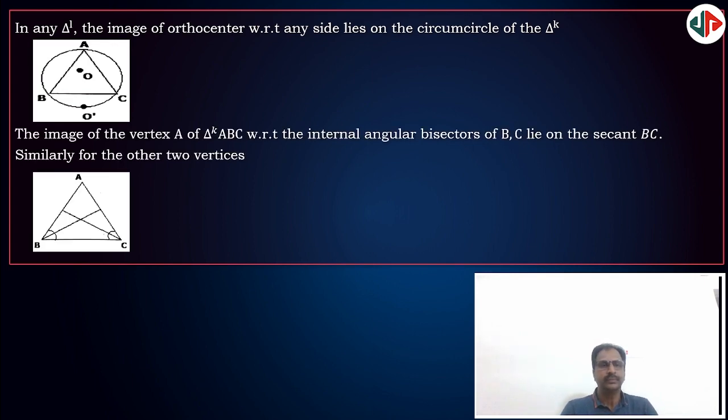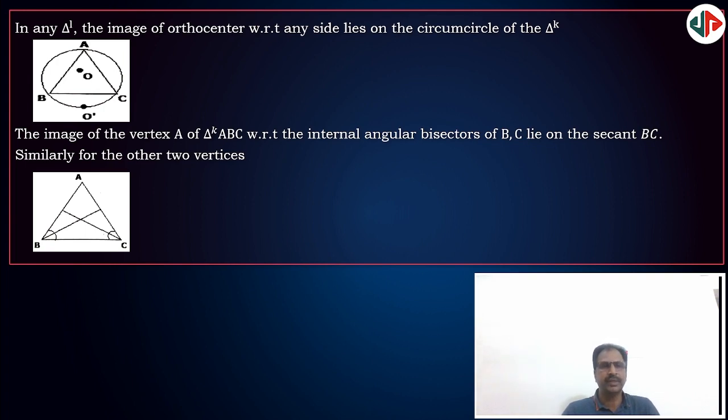Next, in any triangle, these are very important shortcuts which are useful for solving questions. The image of the orthocenter with respect to any side lies on the circumcircle of the triangle. Suppose O is the orthocenter, the image of the point O with respect to the side BC, which is O dash, lies on the circumcircle of the triangle.